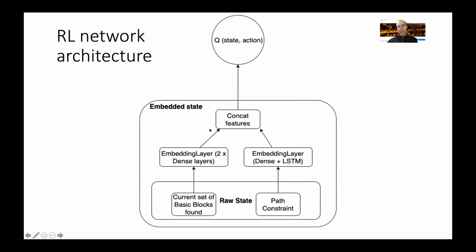Then we concatenate the features, and in the end, we obtain the estimation from the model for the state and the action, given that this is the state. So we obtain a float value, which says, with this path constraint, if I modify the branch at this index, it will give me this value. And that float value is the priority in the work list of the new input.